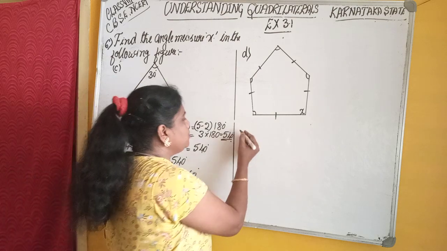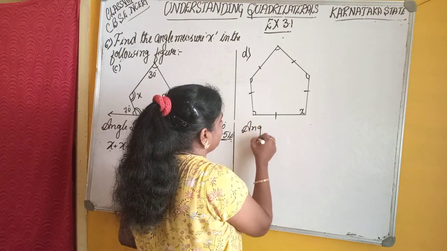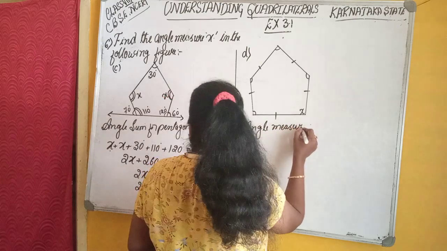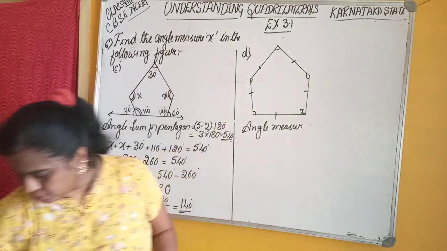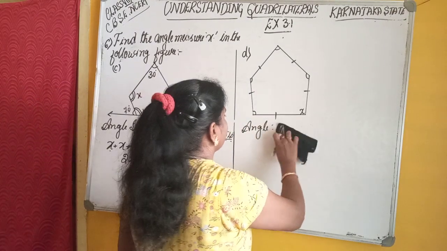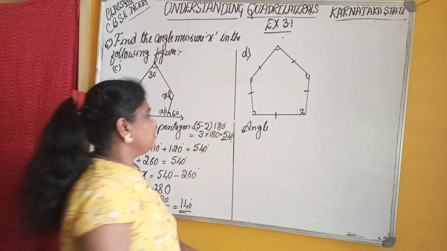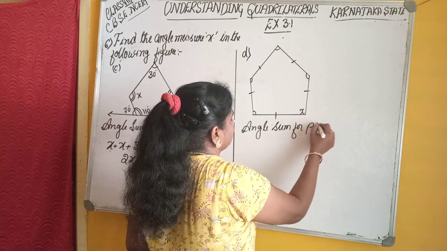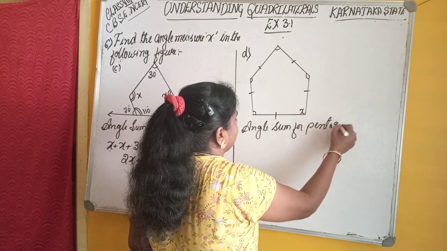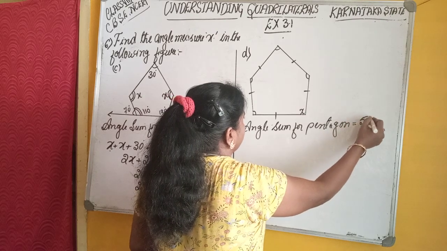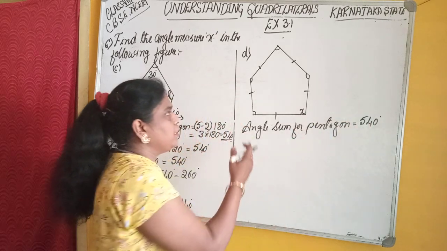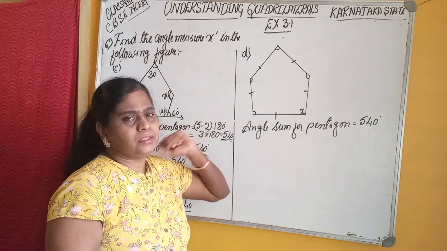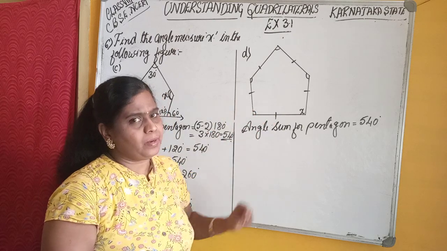The angle sum for a pentagon, we know, is 540, but it is given that all the sides are equal and all the angles are equal. That means it is a regular pentagon.